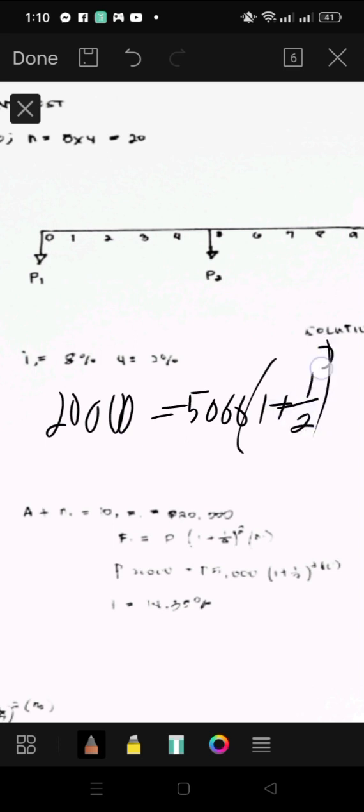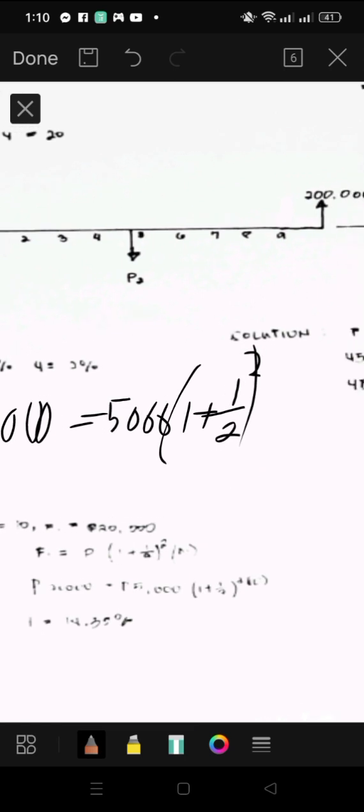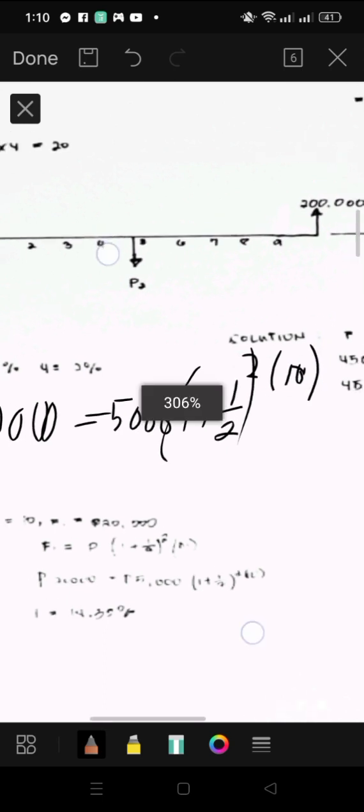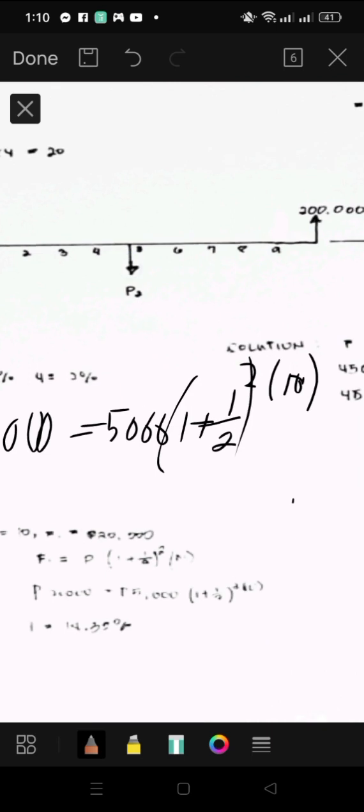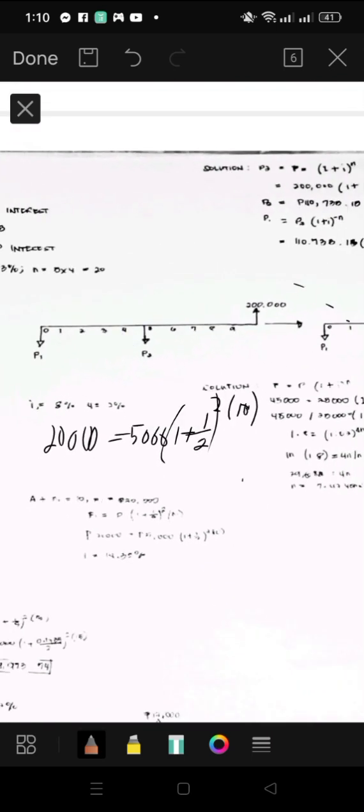Semi-annually is equal to 2 times 10. So that's why we will obtain the interest i equal to 14.35%.